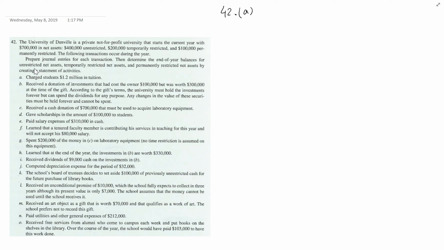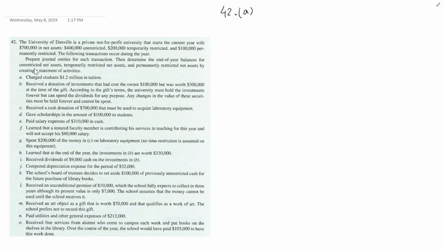Heart example and few other examples, tuition is the major revenue source for a private not-for-profit university. So if you need to record it, definitely you will record their tuition revenues, but they are not receiving the cash right away, so we will record it as a tuition receivables.